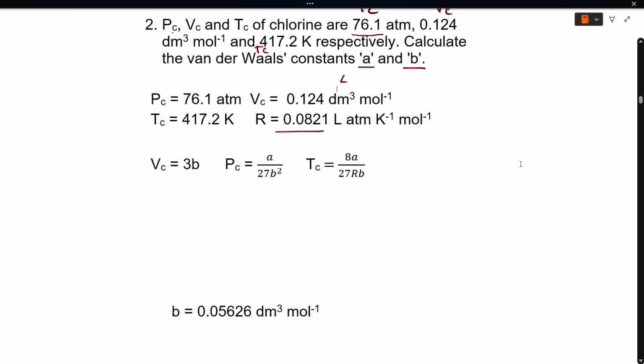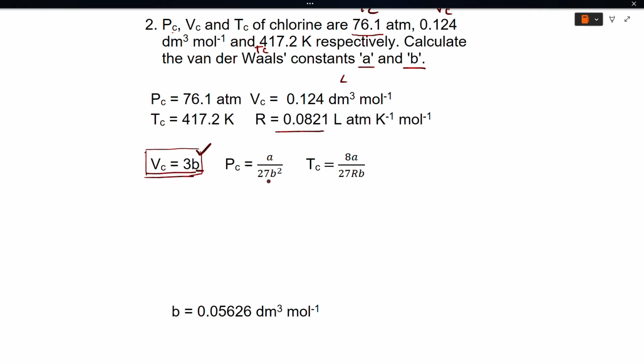Now, one more factor to be noticed. We can easily find out the value of B using this relation, but if you calculate, you will get a different value for VC when it is calculated from this value. You can also find out the value of B from VC.